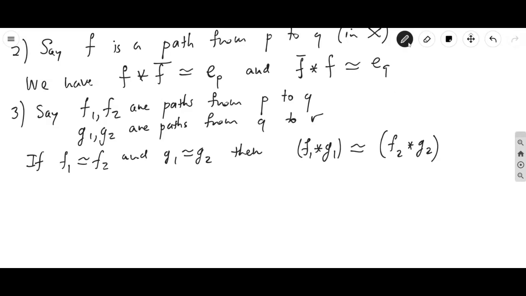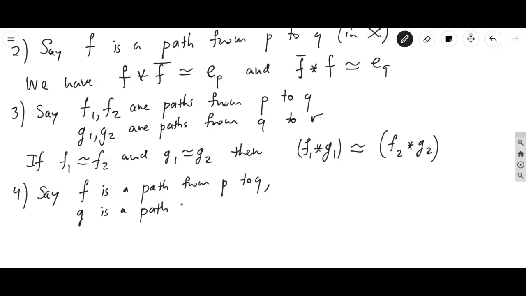And the next one I want to mention is 4. Say that F is a path from P to Q, G is a path from Q to R, and H is a path from R to, what's the next one?